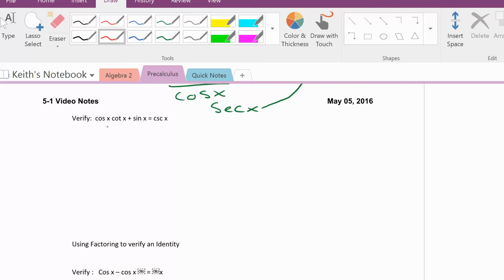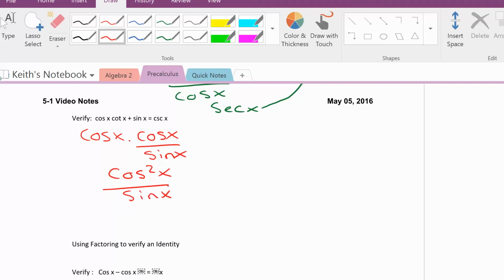All right, cosine times cotangent. So this becomes cosine over sine. And then you can do the same thing. So now we have to get a common denominator.